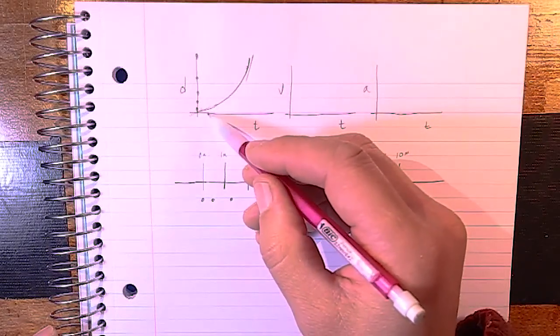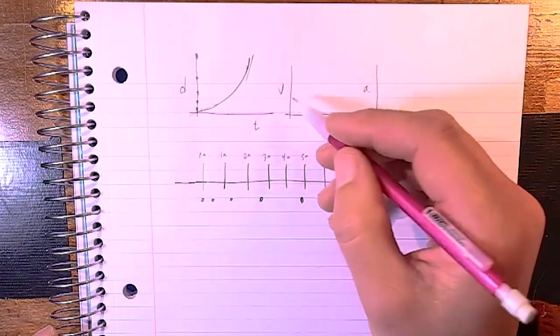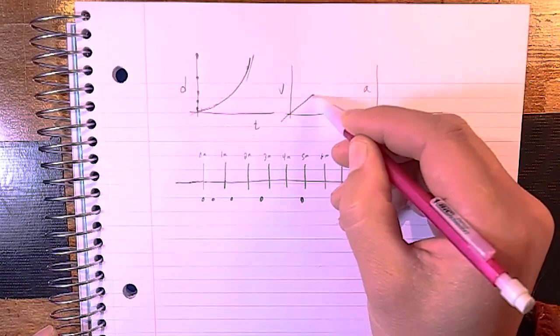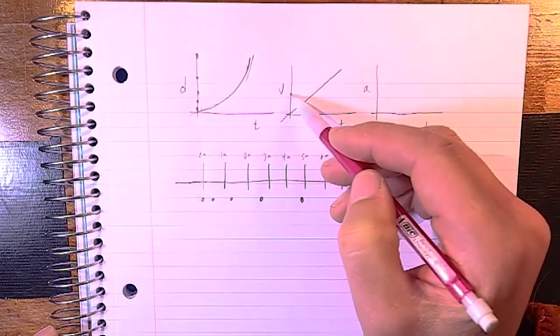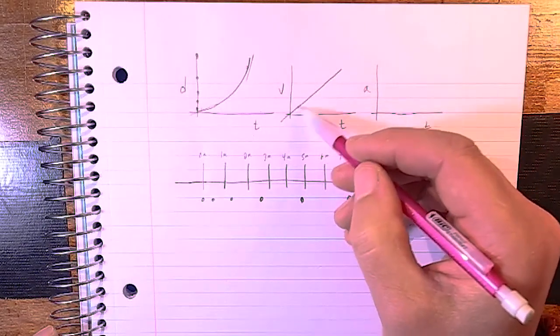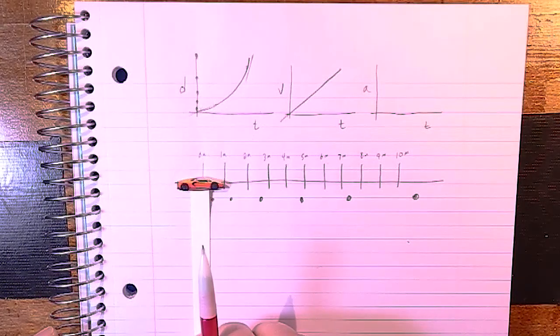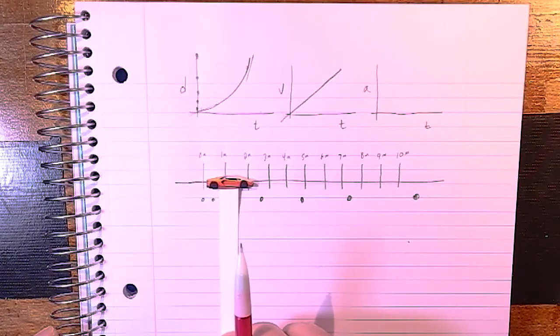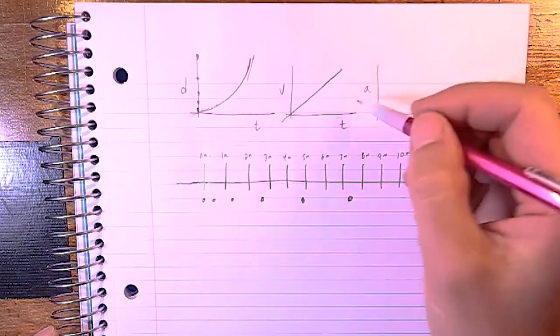So if the slope is constantly increasing, then our velocity is constantly increasing. This slope informs this graph. Now, that should make sense, because what's the velocity doing? It's constantly getting faster. It's getting faster at a constant rate.